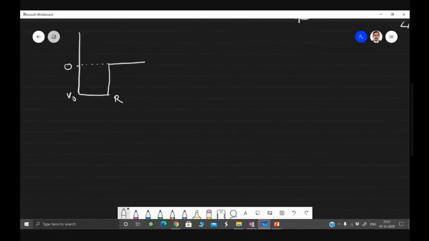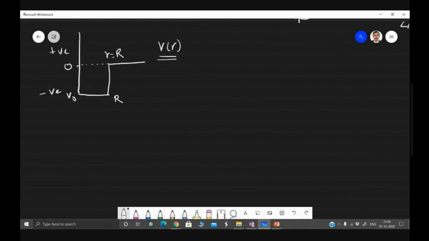So this is 0. So this is positive side. So this is negative side. So we have 0 here, and this is at r is equal to R, the boundary beyond which the potential is 0.